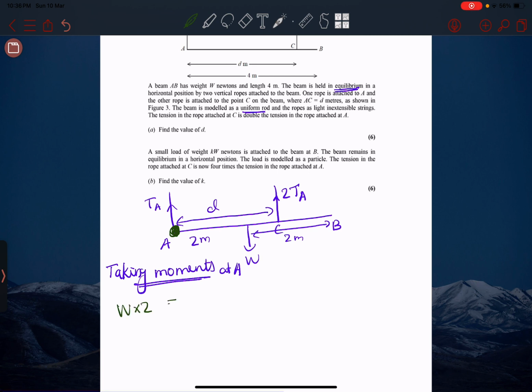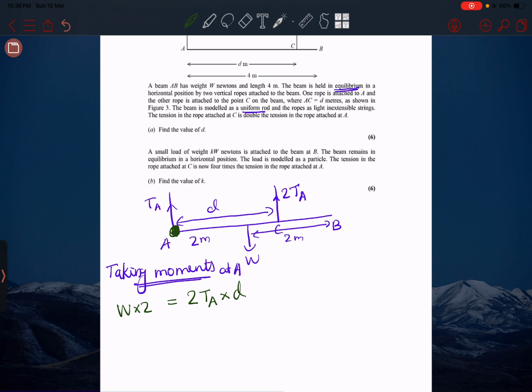The other force is 2TA, going in the anti-clockwise direction, and the distance between the force and the pivot point is D. So we have 2TA times D.